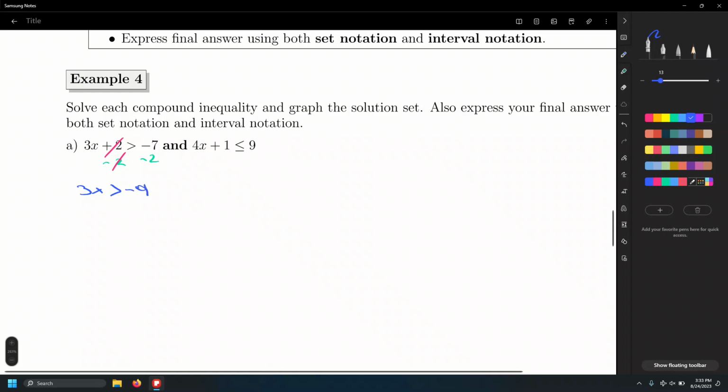Now, the next step, divide both sides by 3. That's going to be x greater than negative 3. And that's going to be our first set. Okay, let's call it A. That's going to have its own number line.